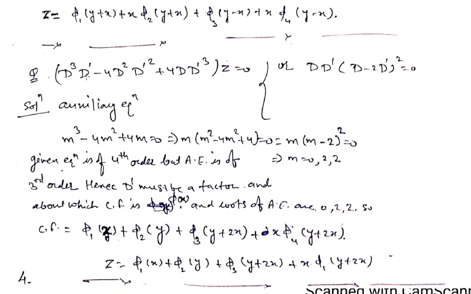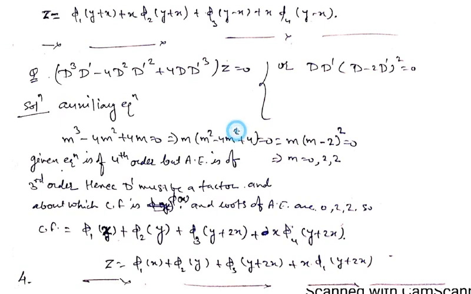(D³D' − 4D²D'² + 4DD'³)z = 0, or we can write it as D'D(D − 2D')² = 0. First we write its auxiliary equation m³ − 4m² + 4m = 0, or m(m² − 4m + 4) = 0.